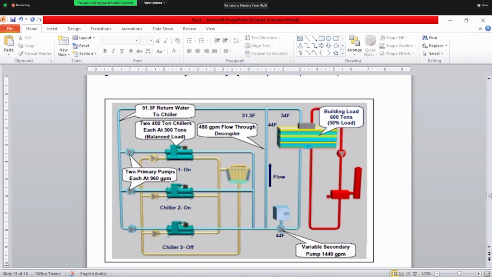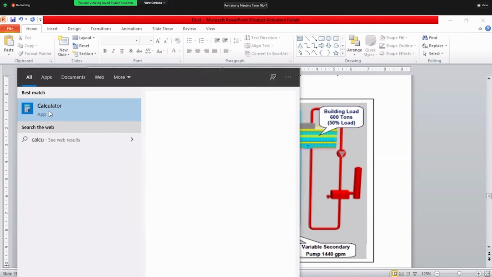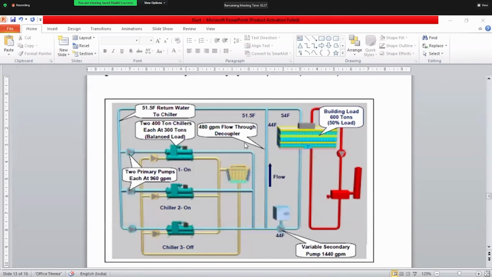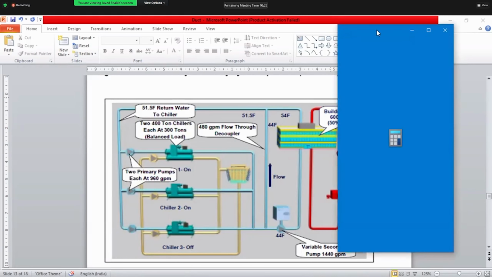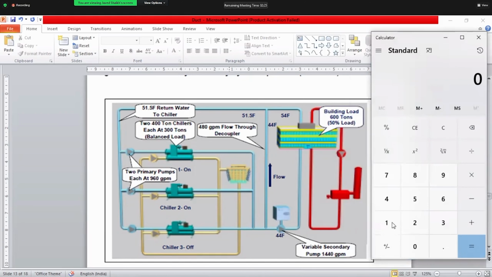So if we subtract 960 from 1440, we get 480 GPM.